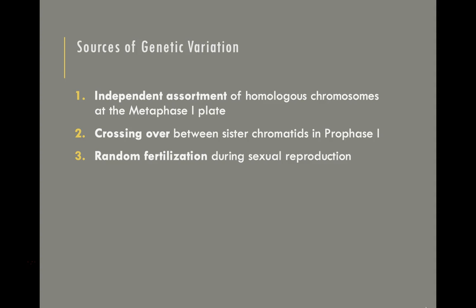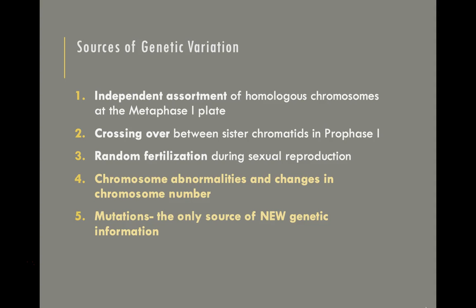We also have crossing over, which is where homologous chromosomes actually exchange information, so we get new chromosomes. And then we get a lot of genetic variation from random fertilization. So a random egg is fertilized by a random sperm, and now you have new combinations of genetic material that you never had before.